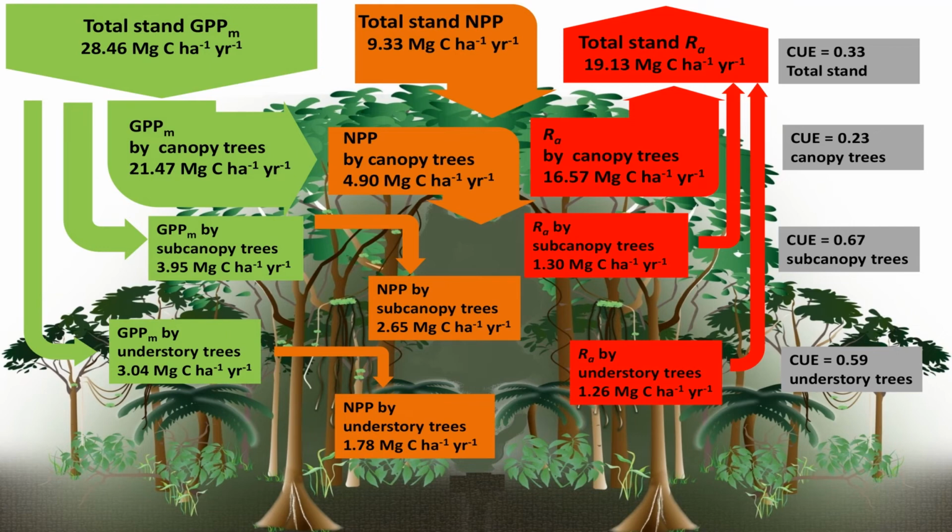But now something more important and interesting is that the carbon use efficiency of the canopy trees was the lowest with 0.23 and increased to 0.67 for the subcanopy trees and roughly 0.6 for the understory trees. This means that large trees in the forest are much less efficient in allocating their carbon towards new biomass growth than smaller trees in the tropical rainforest.